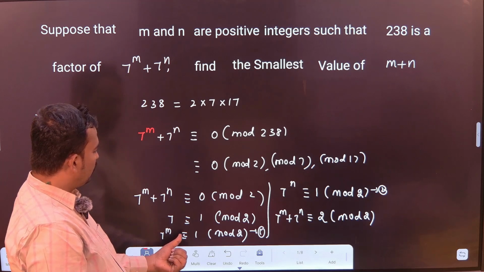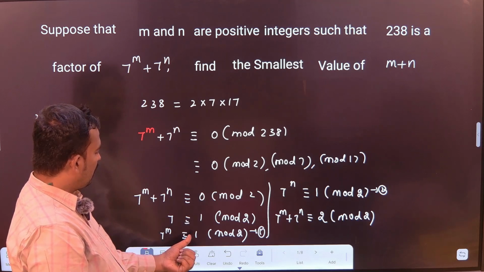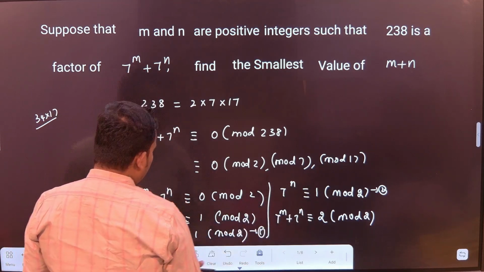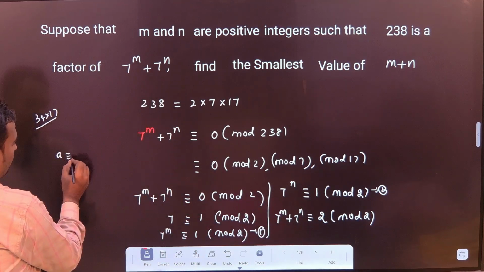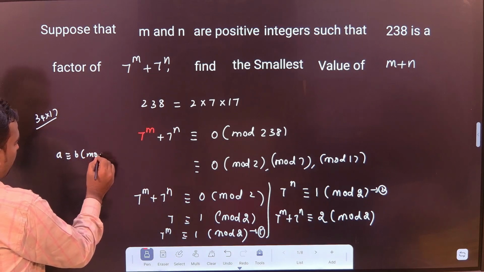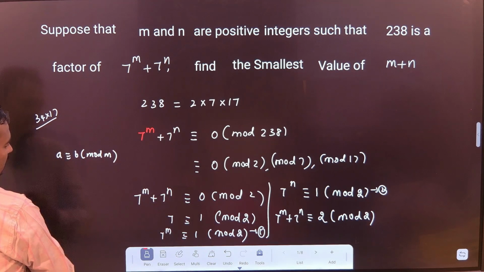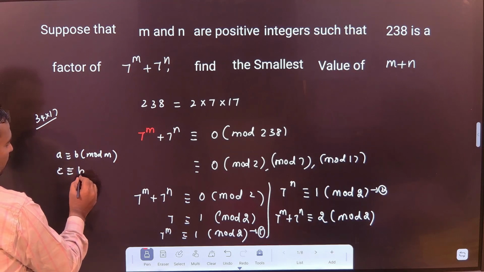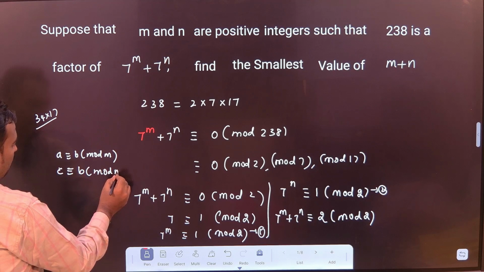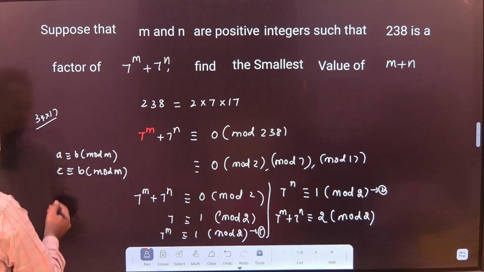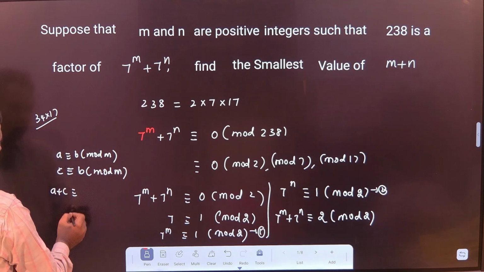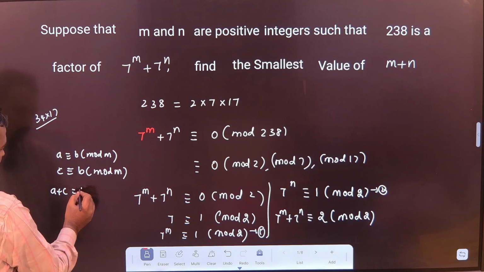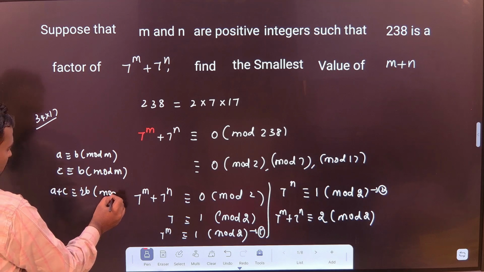So if A is congruent to B modulo m, and some other number C is congruent to B modulo m, then definitely A plus C is congruent to B plus B, which is 2B modulo m.